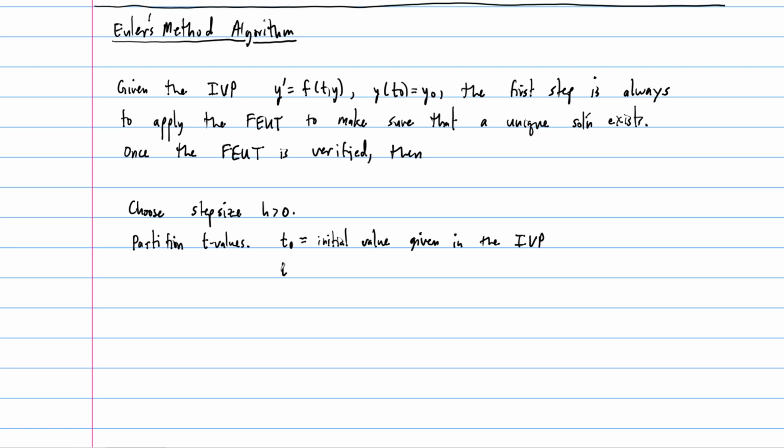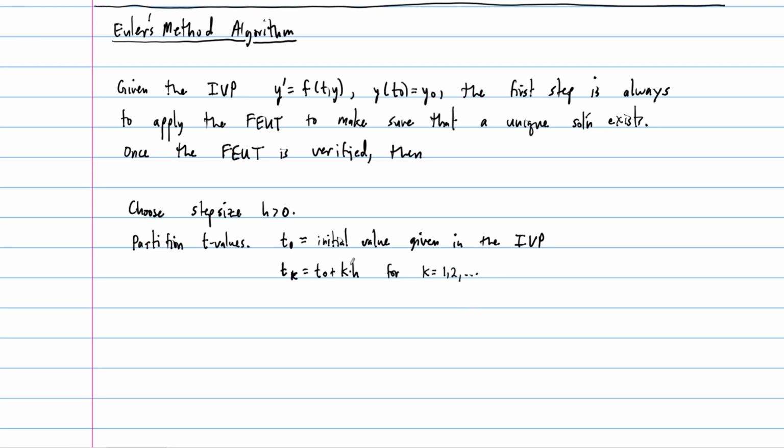And then we're going to define t sub k, the kth entry in the partition, to be equal to t0 plus k times h, and this is for k equal to, honestly this will work for k equal to 0 as well, so 0, 1, 2, etc. Honestly, what we're really going to care about is k equal to 1, so let's just start with k equal to 1 there, even though the formula gives the right answer for k equal to 0, it's not really part of the algorithm.